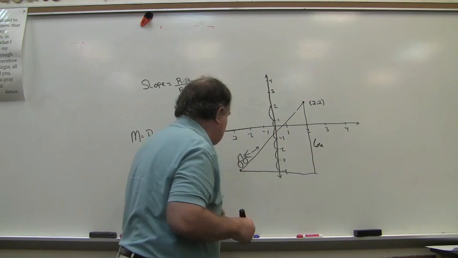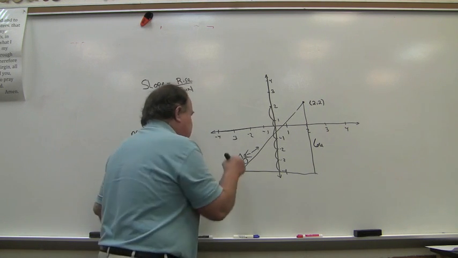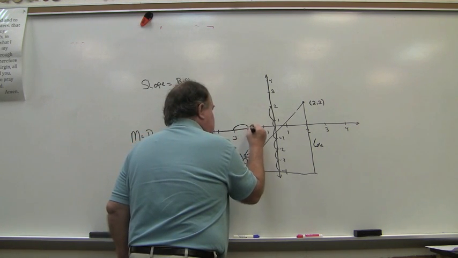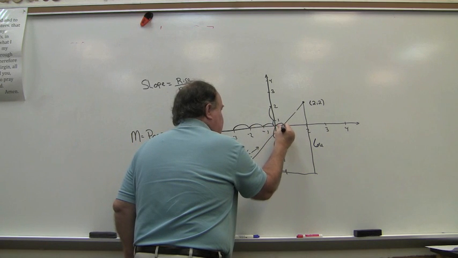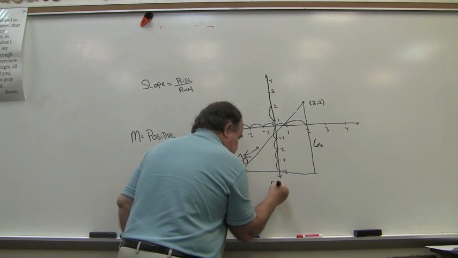Then down here I want to go ahead and say how far is my run? Okay, my run is 1, 2, 3, 4, 5. It's 5 units.